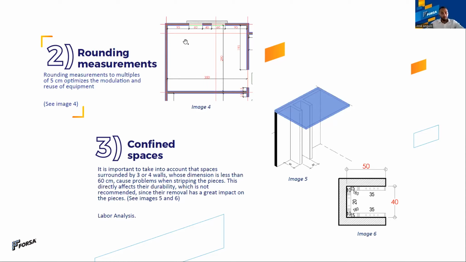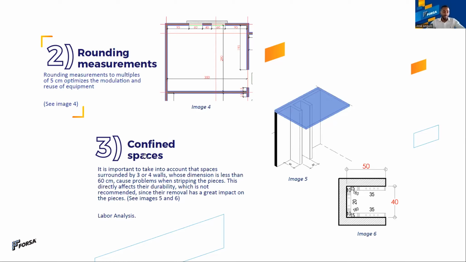Because if you make all these measures like 5 centimeters, 10 centimeters, and you can go through them 5 by 5, then you can find out that you can use this formwork in future projects without many difficulties. So that's going to be pretty useful more for you than for us. And that's the main idea of the industrialized system. Okay.